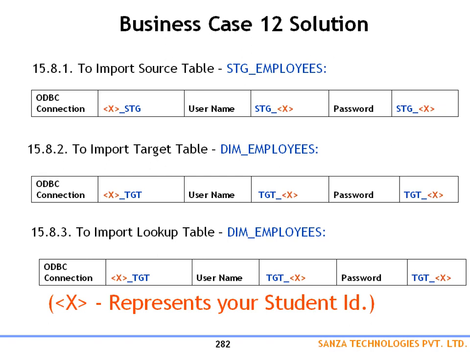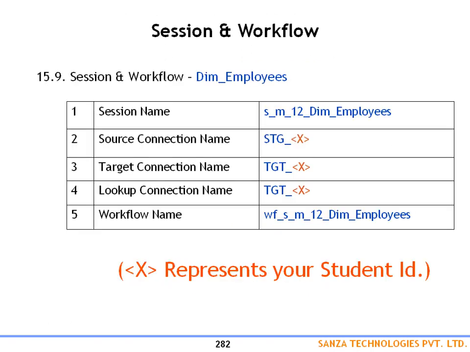For the lookup table, use the ODBC connection, the name TG, password is T. So please write down in the worksheet which they have given you the ODBC connection, username, password for the source, then the target and lookup table. Lookup table is coming from TG, target is coming from TGT, and source is coming from the STG employee table.